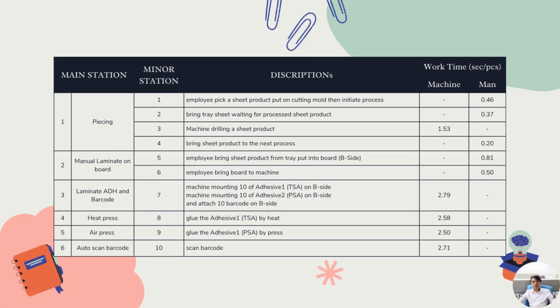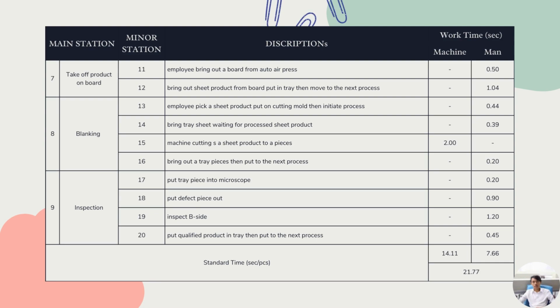For other sessions, we calculated the same way. So here are the standard times for every minor station as you see in this table. And also this table. Finally, we have a standard time for every process. It's 21.77 seconds per piece.